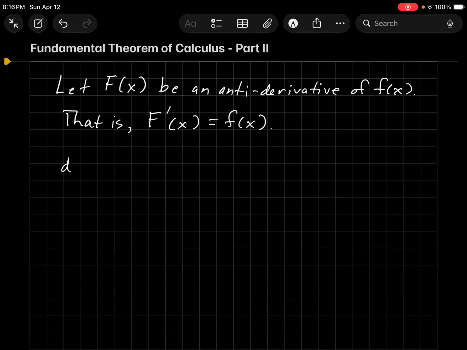Now let us find the derivative with respect to x of the integral from some number a to x of f of t dt. My claim is that this equals f of x.